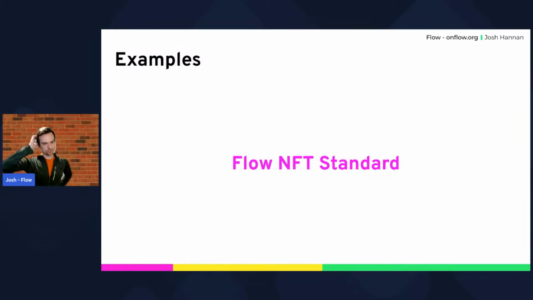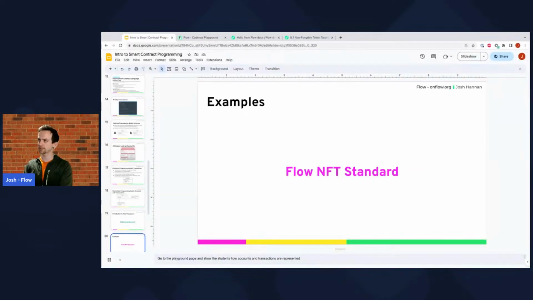So I want to give a quick example of how NFTs are actually defined in production with the Flow NFT standard. So this is equivalent to ERC 721 or ERC 1155 on Ethereum, in that it defines how non-fungible tokens should work in Cadence.